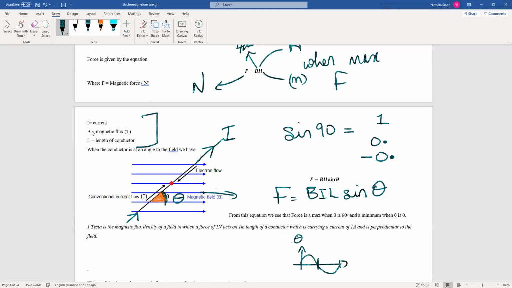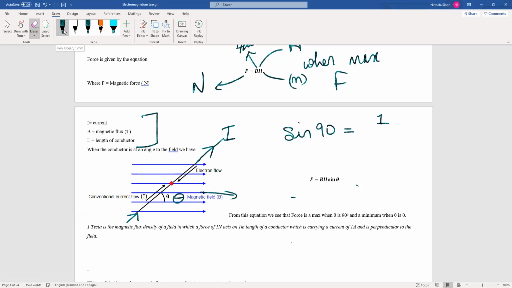Yes. Why sine? Why sine as opposed to cosine? Just going back to resolution of angles, resolution of forces. Where do we take sine and where do we take cosine? Sine is when you're moving towards the horizontal.